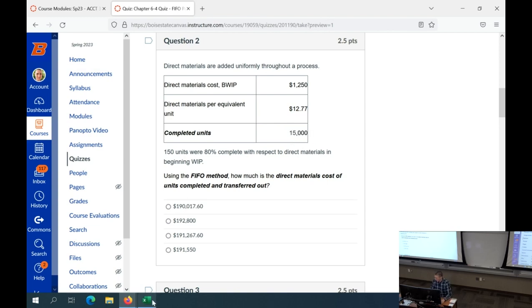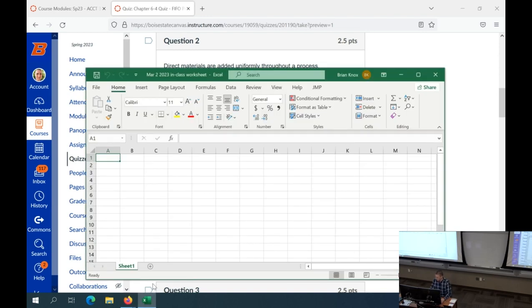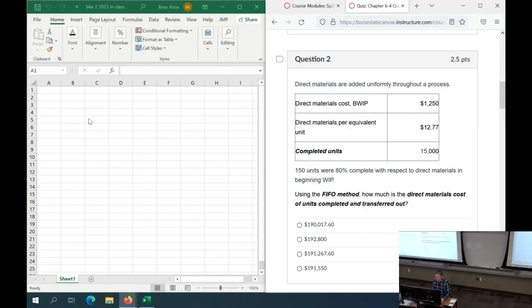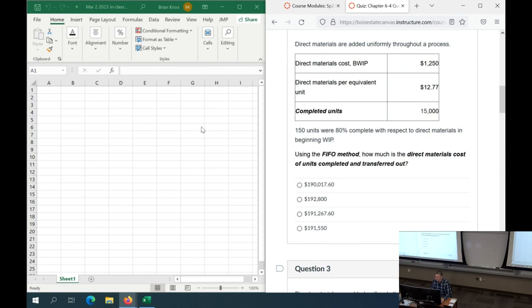So step 1 here, let's tee it up. This is the 3-box question, just for fun. Direct materials, units completed. Okay, so we have DM beginning WIP of 1250.